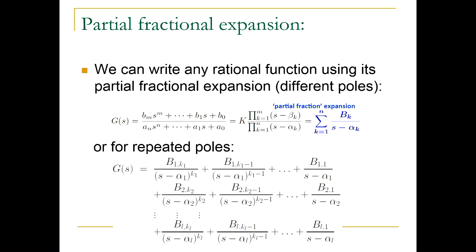Sometimes, if you have a complex conjugate alpha k, you may have a sinusoidal response or part of the response. If alpha k is real, you may have an exponential response. In some cases we also just have a constant, plus some constant. That's the case when n and m here are equal, so there's the same number of poles and zeros.